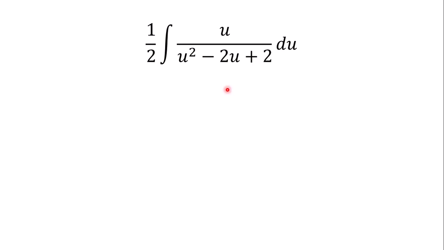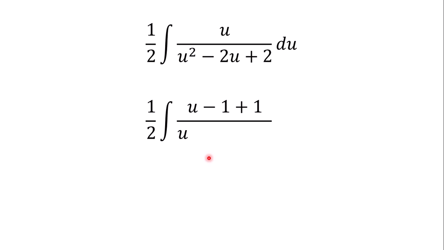So let's subtract 1 from u and add 1. We are going to rewrite this one as 2 like fractions. This over this one plus this over this.